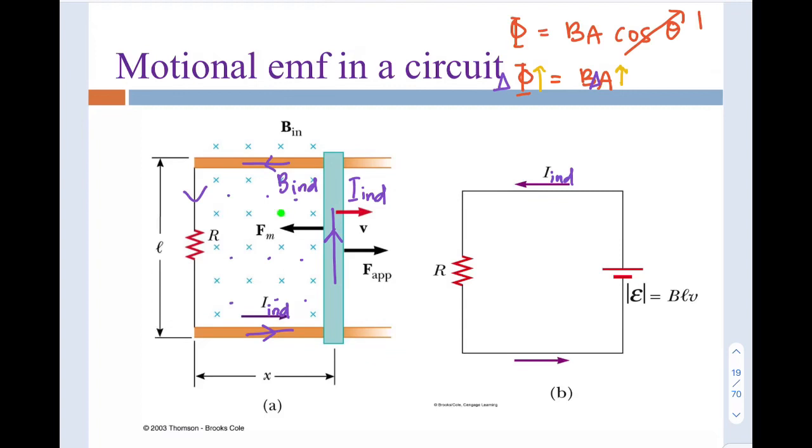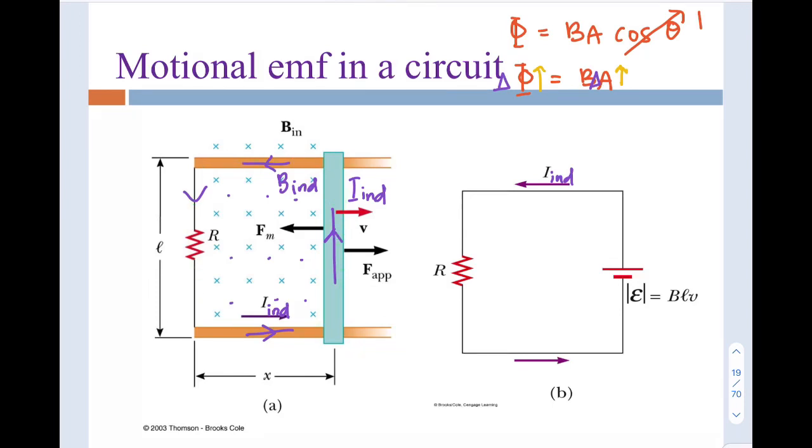The direction here, Madam is going to explain in detail later on. But as of now, we are taking into consideration the EMF produced within this closed circuit, which produces B induced out of the page, and I induced going in the counterclockwise direction like this.